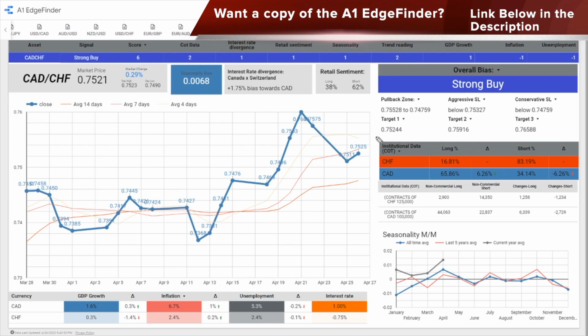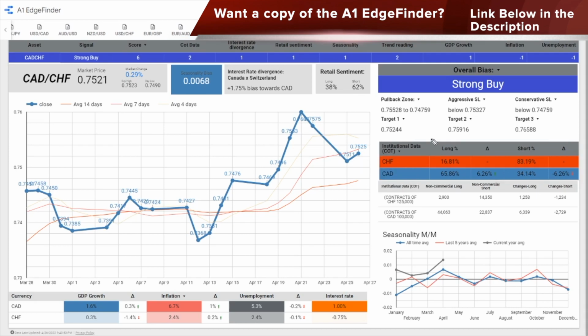Well, let's look at the COT, or Commitment of Traders report. What is this information? It is basically institutional reporting. You can look it up if you're not familiar. It is a measurement of what institutional traders are doing here in the US in the futures market with major currencies like CAD and CHF.